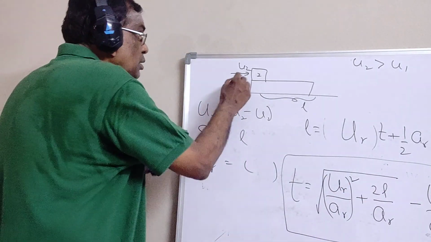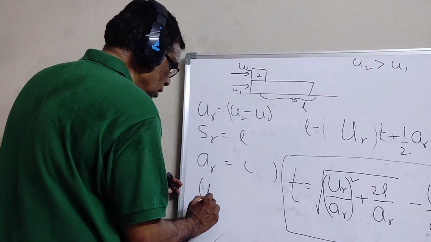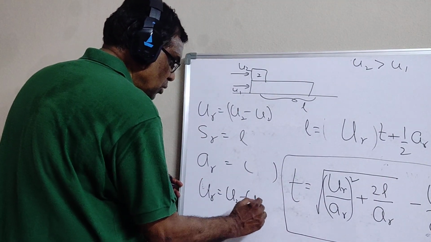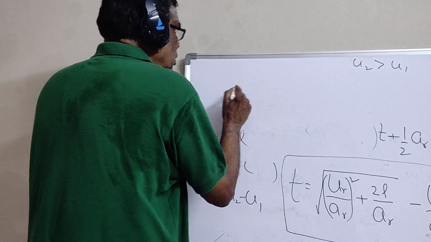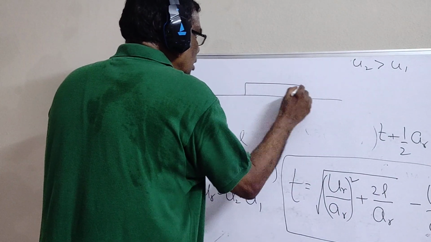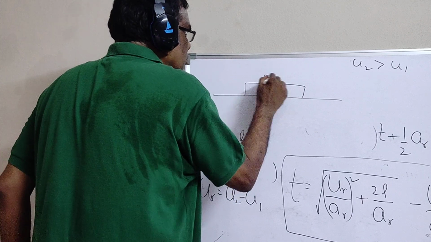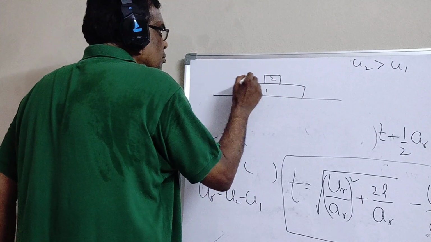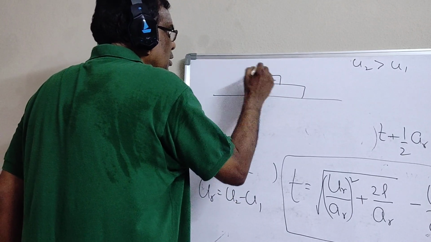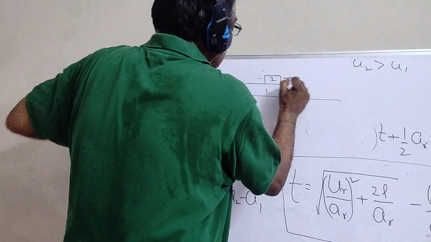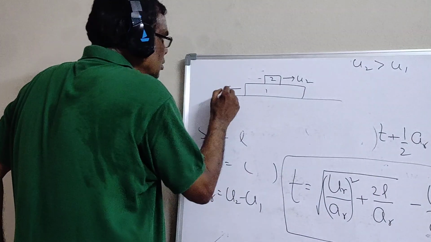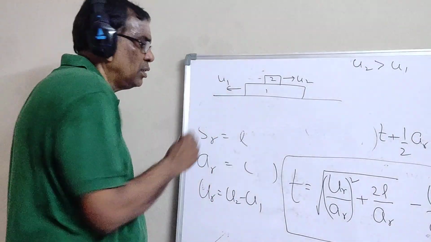Now, what is UR in this case? U2 minus U1. Now, possible cases: see, this is U2, this is U1.